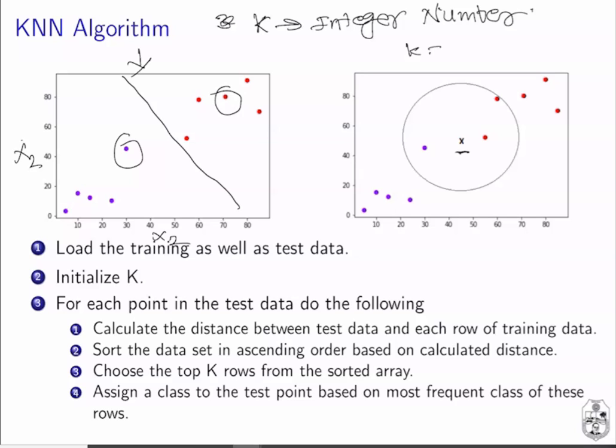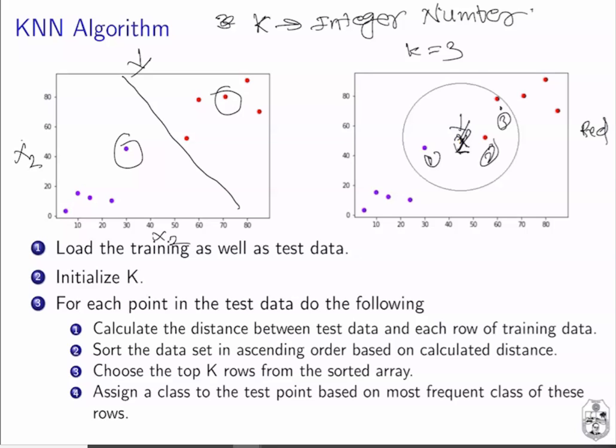What this algorithm does is that it identifies the three data observations which are nearest to this test data x. So this is the first, this is the second, and this is the third. If you see that out of these three observations, two belong to the red class, that's why the red class is assigned to the test data. So this is the working of the k nearest algorithm.